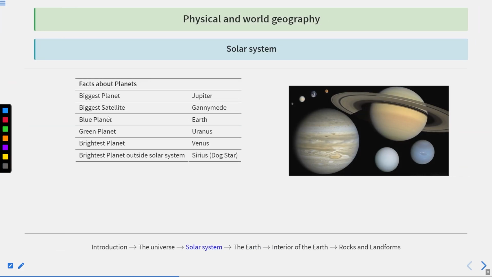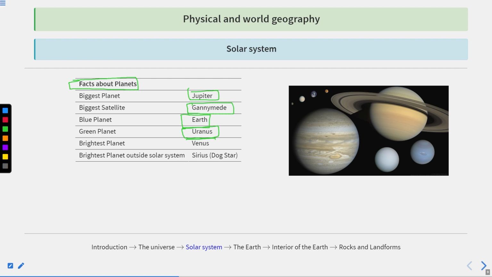Now let's move forward. Here are some facts about the planets that we are required to cover. The biggest planet is Jupiter. The biggest satellite is Ganymede. Blue planet is the nickname of Earth. Green planet is the nickname of Uranus.